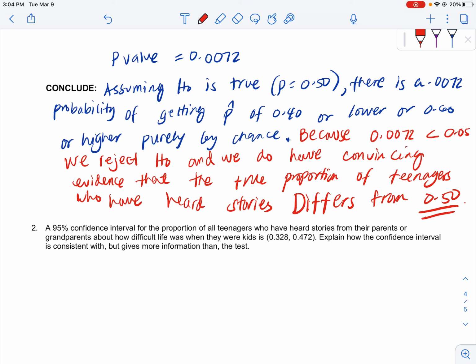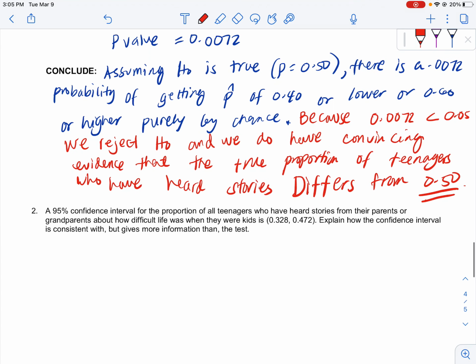Okay, it's consistent because remember that their claim is that it's 50%. Now, if we look at our confidence interval, the 50% is not in it. Both our upper and lower limits are below 50%.